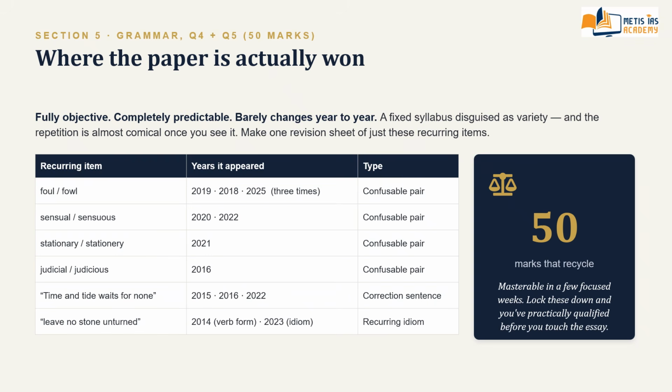In question number 4: sentence correction, subject verb agreement, articles, prepositions, the classic no sooner or hardly than drop. Supply the missing word, and it's almost always a preposition; on, off, among, from, towards keep recurring.